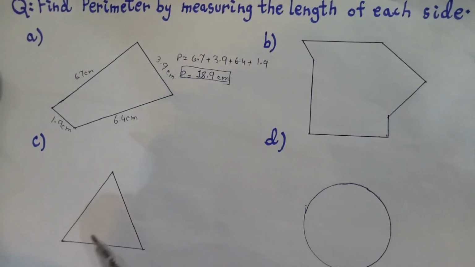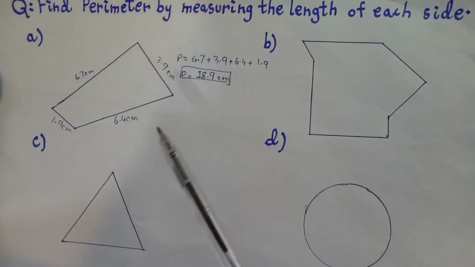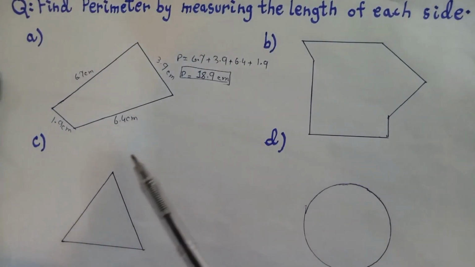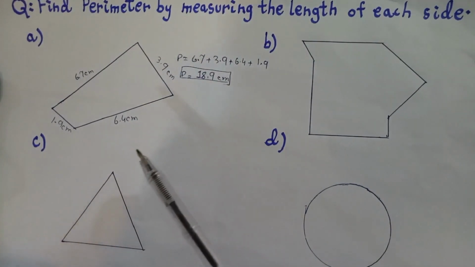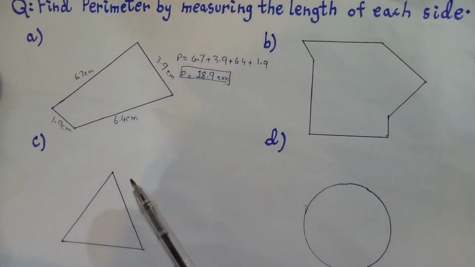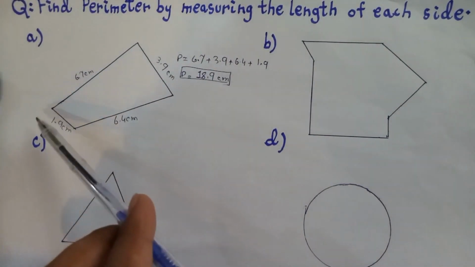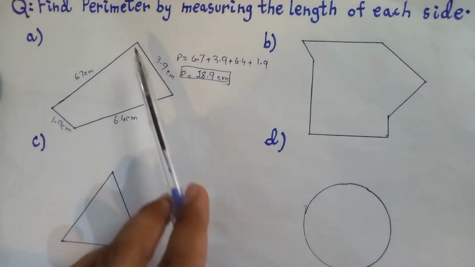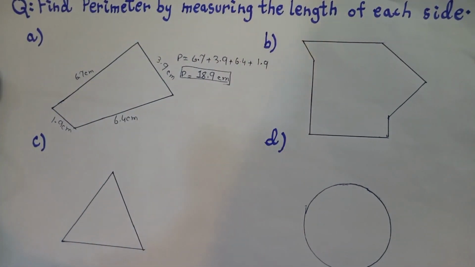In a square we need only 1 length, so we can put only 1 length here. In a rectangle, to calculate the perimeter we need 2 lengths, so we can put the 2 lengths here. So we can calculate also by putting the values in the formula. Or we can just calculate all the lengths and add them. So we can also calculate the perimeter in this way.